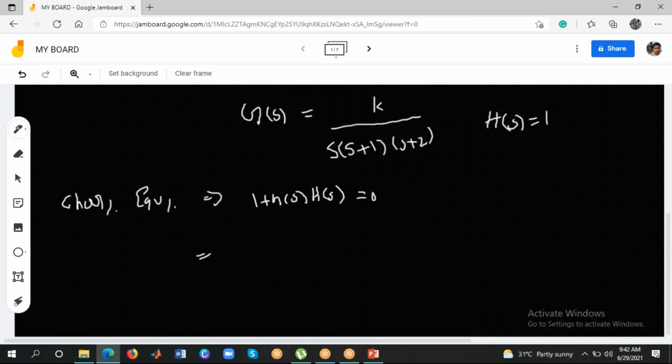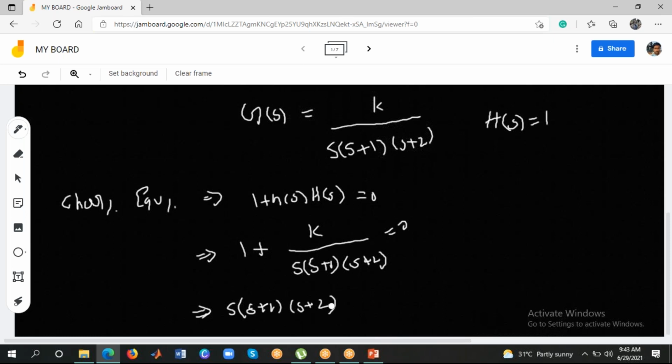Now from this, 1 plus K divided by S into S plus 1 into S plus 2 into 1 is equal to 0. Into 1, so no need to write. If you do the cross multiplication, S into S plus 1 into S plus 2 plus K equals 0.